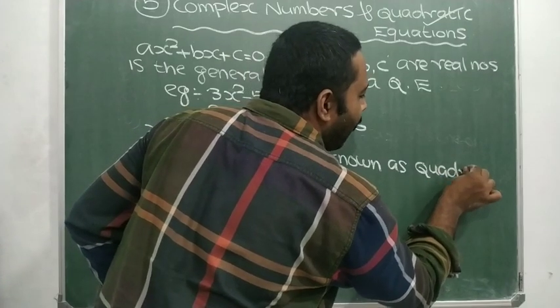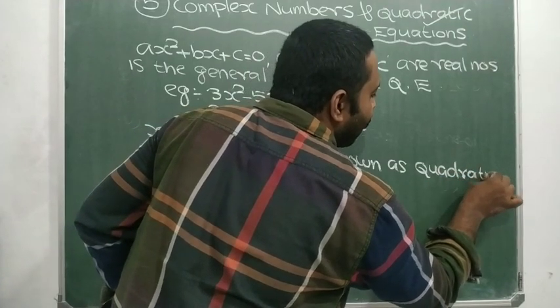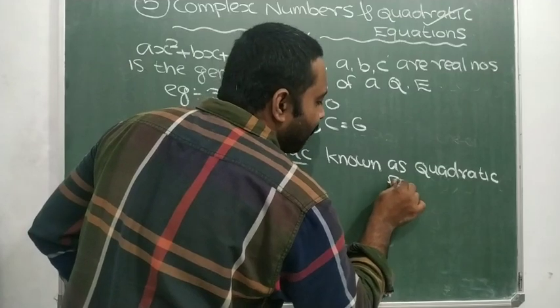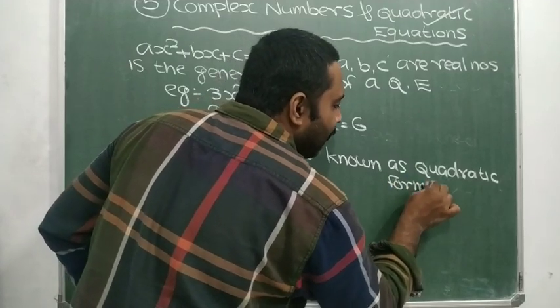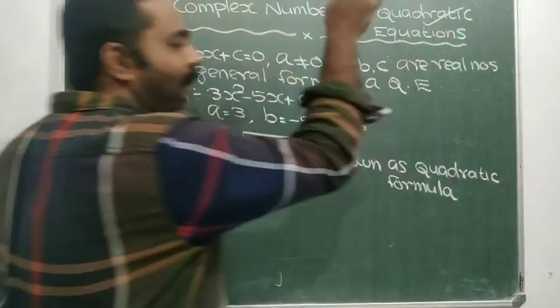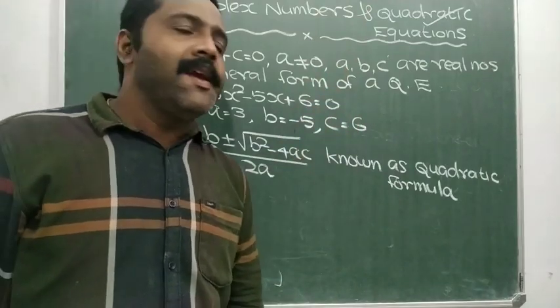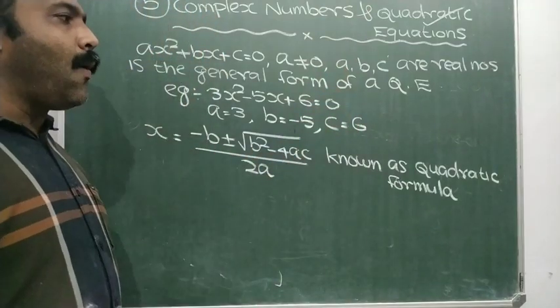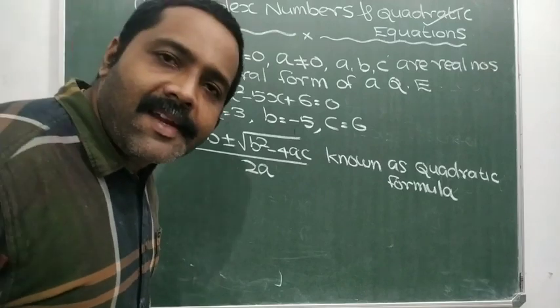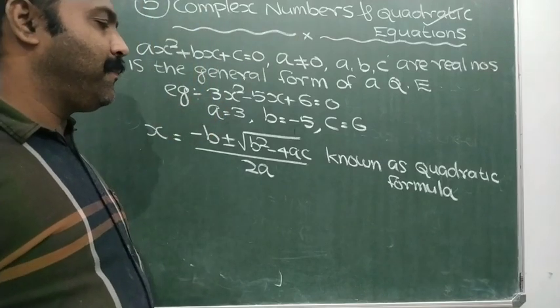Known as quadratic formula. What is quadratic formula? Minus b plus or minus root of b square minus 4ac by 2a is called quadratic formula.